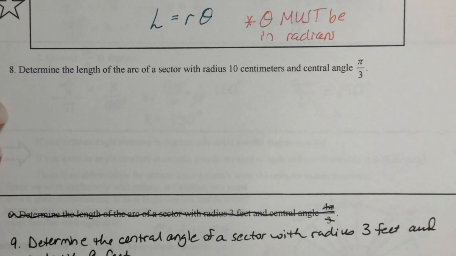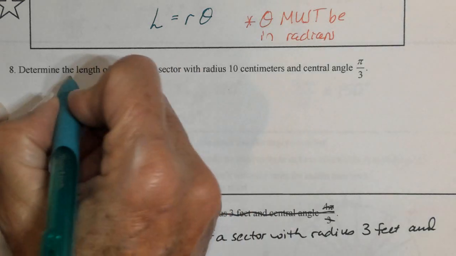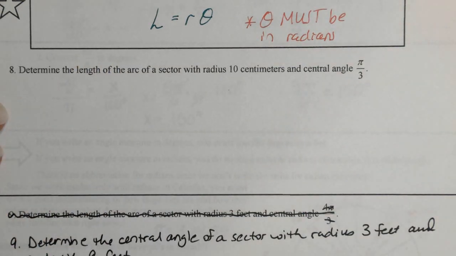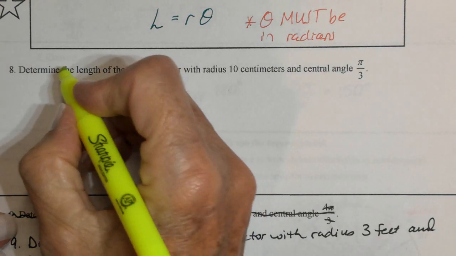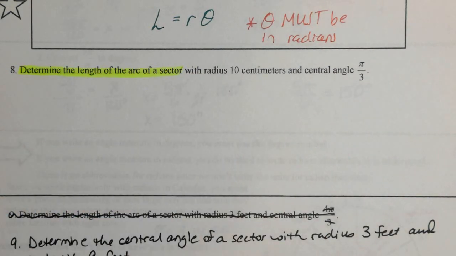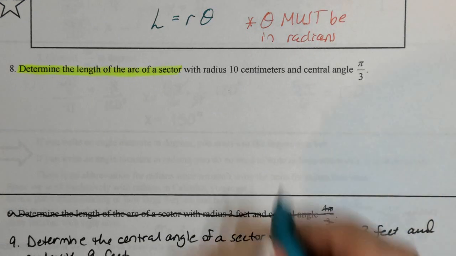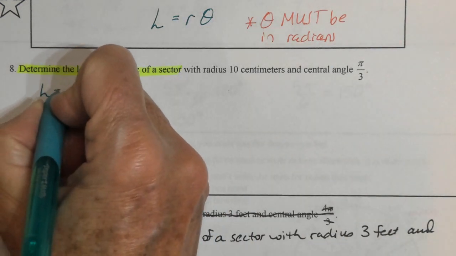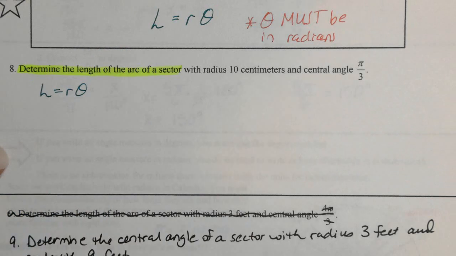Okay, number 8. Determine the length of the arc of a sector with radius 10 and central angle pi over 3. So L is equal to r theta if theta is in radians.